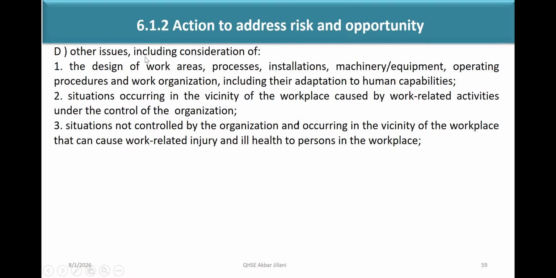Other issues, including consideration of the design of the work, processes, installations, machinery, equipment, operating procedures, and work organization, including their adaptation to human capabilities. Situations occurring in the vicinity of the workplace caused by work-related activities under the control of the organization. Situations not controlled by the organization and occurring in the vicinity of the workplace.